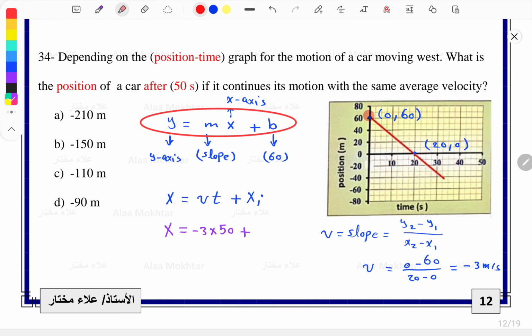Is it correct? Yes. I'm sorry. X equals negative 150 plus 60, which will be negative 90 meter. This is the position at 50 seconds.